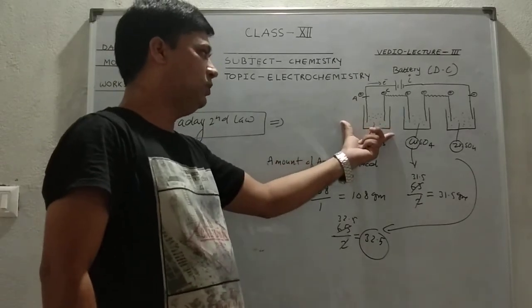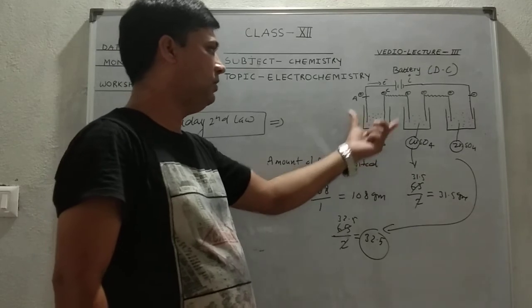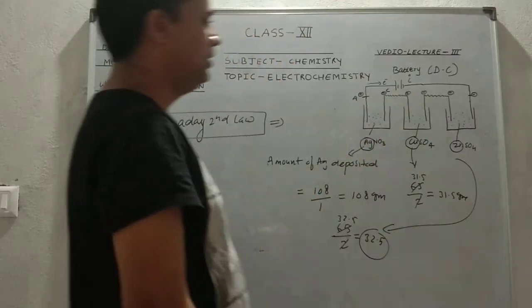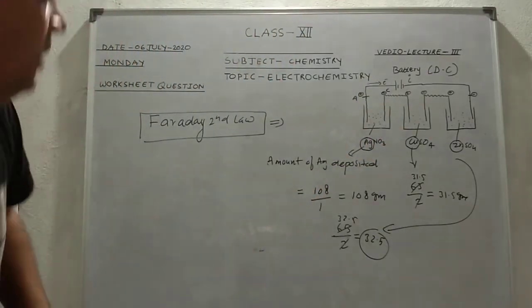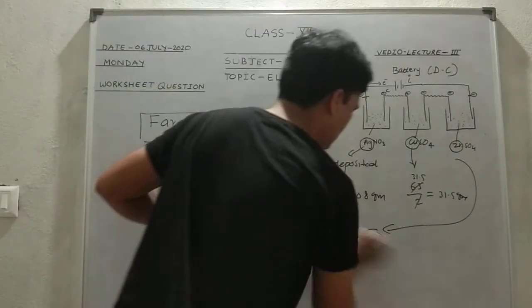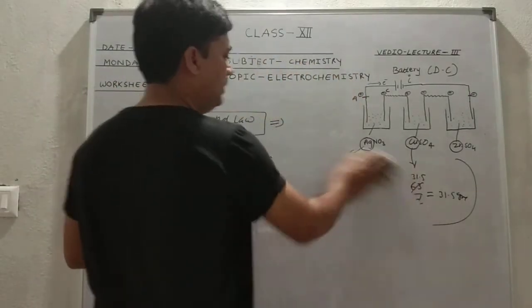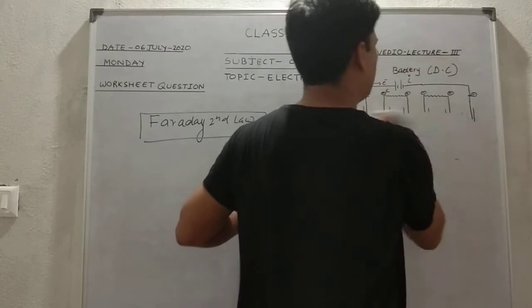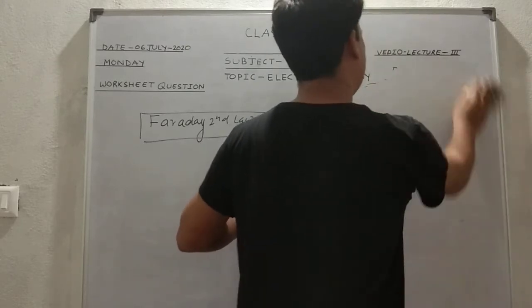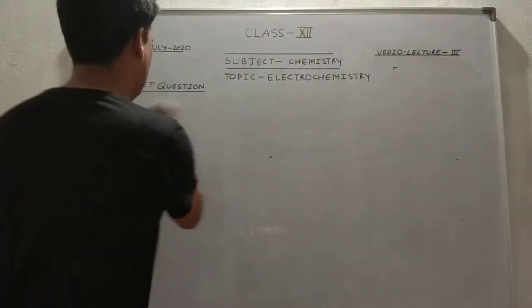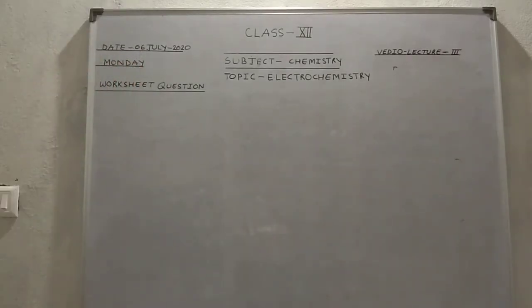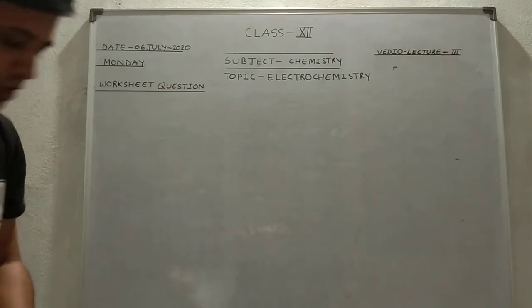In the NCERT book, one question is given related to this particular diagram. You can try and solve the question. If any problem, I will discuss it in the next video.